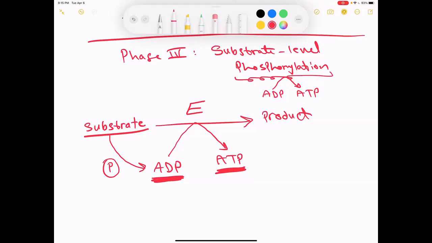One is losing the phosphate, one is gaining the phosphate, and the enzyme is facilitating the transfer of the phosphate between its substrate and adenosine diphosphate. Again, the enzyme itself is facilitating the transfer of the phosphate group from its substrate to adenosine diphosphate.